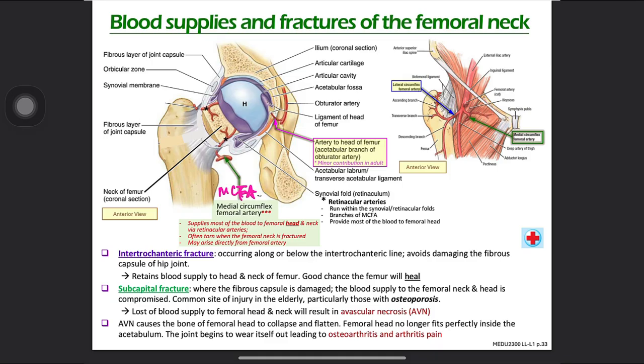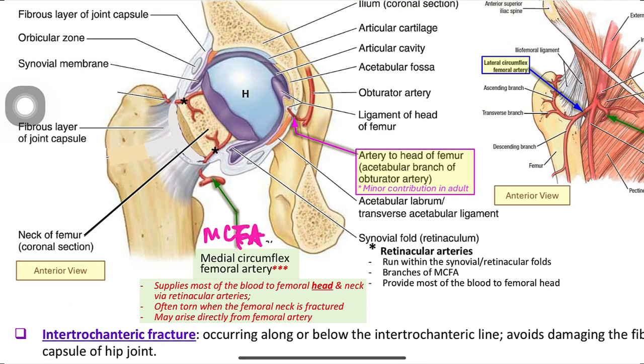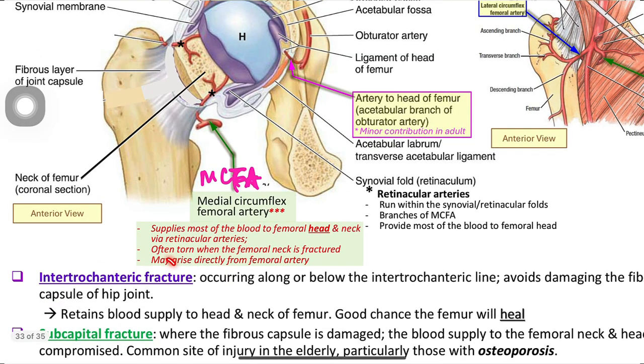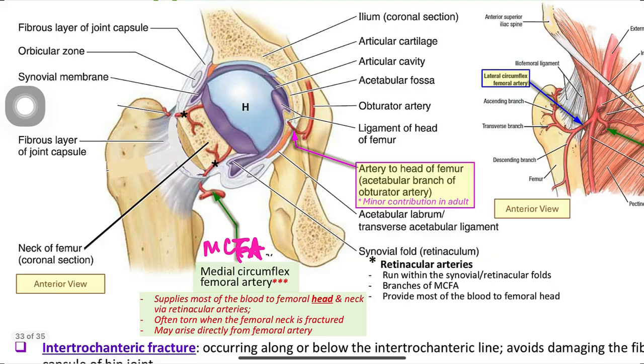So then we go down to the fracture site. Say, for example, the intertrochanteric fracture happens along or below the intertrochanteric line, like this. If this is the fracture site, can you see the MCFA is still intact? The retinacular arteries are still in good hands.